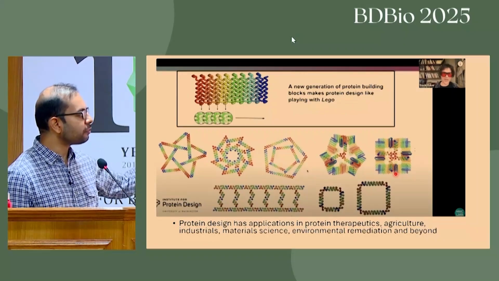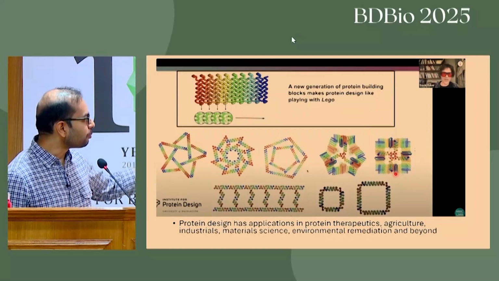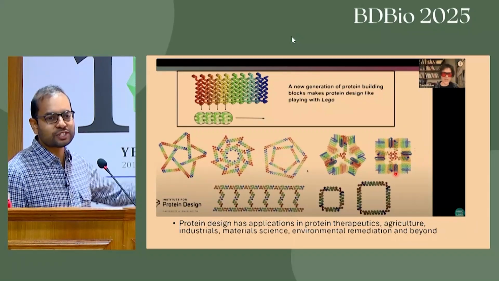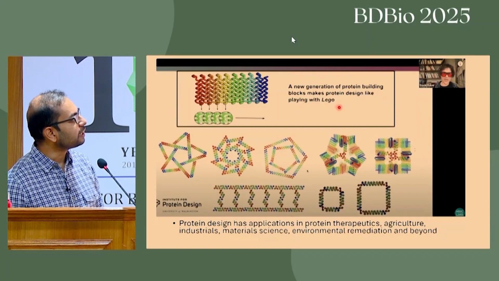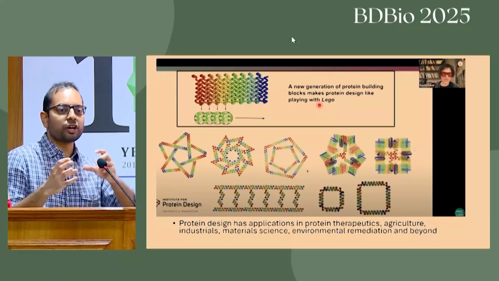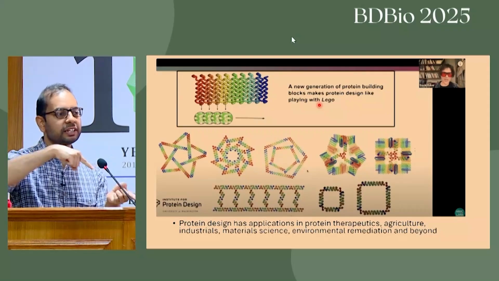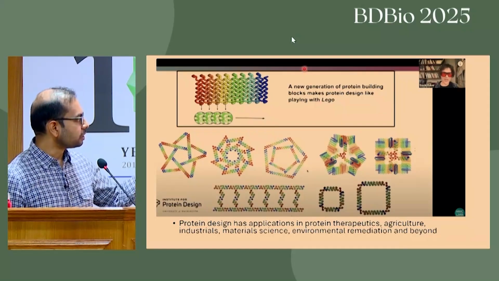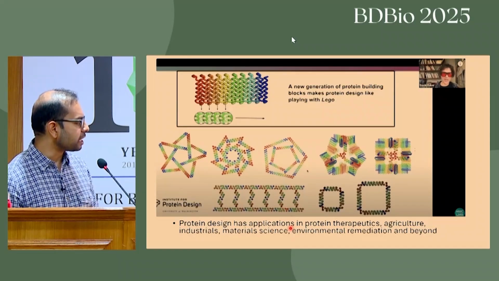This was unfathomable for me just a couple of years back before I saw this, that you can have proteins of these very nice geometric structures. And what he's saying is that he wants to create this like you are playing with Lego blocks. You have various blocks and you can say, how do I combine these together to make this? And now can you give me a sequence which will generate this protein structure? So this is very, very interesting, and this has an immense number of applications.